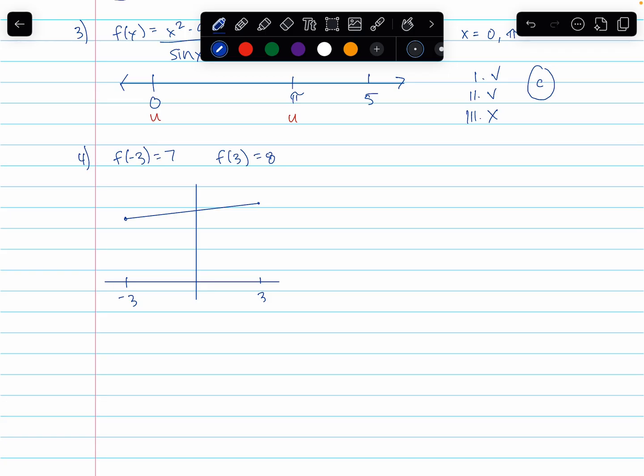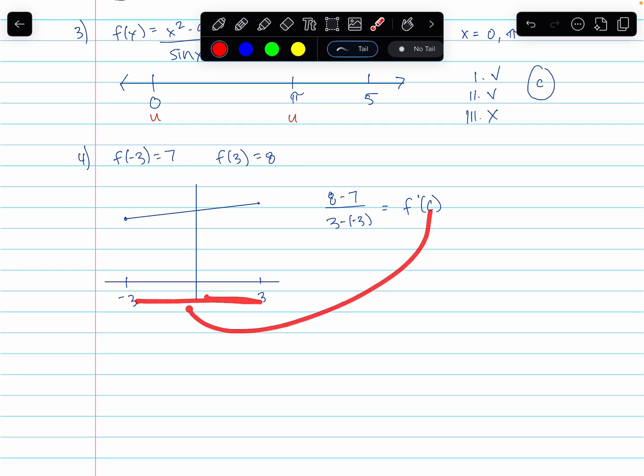So we're saying that 8 minus 7 over 3 minus negative 3 is the average rate of change, and it doesn't really matter what that's equal to, but there's some value in between where f prime of c, the instantaneous rate of change, is equal to it. The difference between C and B is that C has the correct notation and B does not, so it's going to be C.